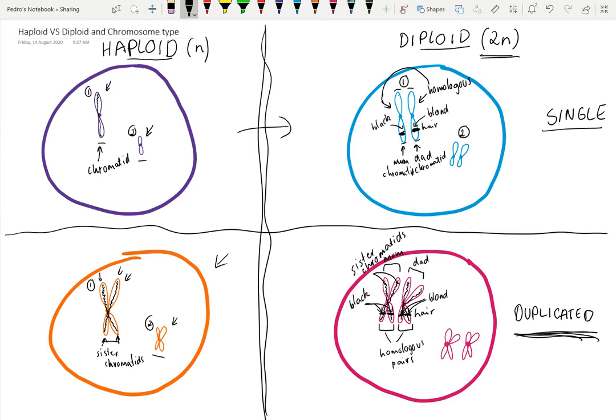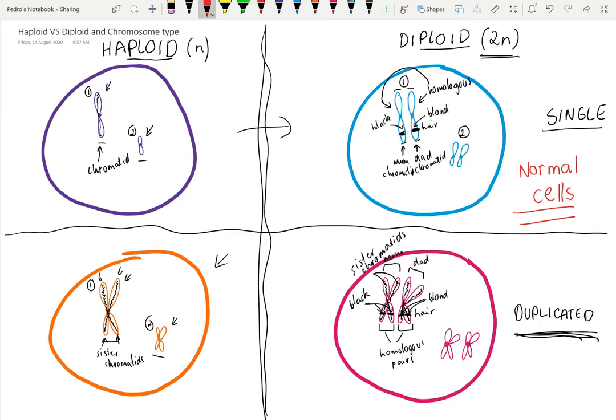Okay, let's apply this to mitosis and meiosis. Okay, first thing we have to know is that normally in our cells, our chromosomes look like this. Normal cells have this kind of chromosome, okay?